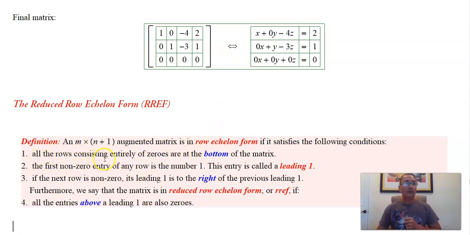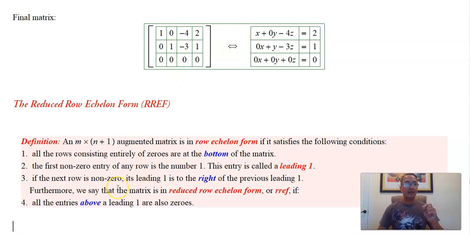All the rows consisting entirely of zeros, if there are any, are at the bottom of the matrix. So here we have all zeros in the 3rd row. The first non-zero entry of any row is the number 1. So this entry is called a leading one. And of course, that's the reason why we made 1x here and 1y over here.